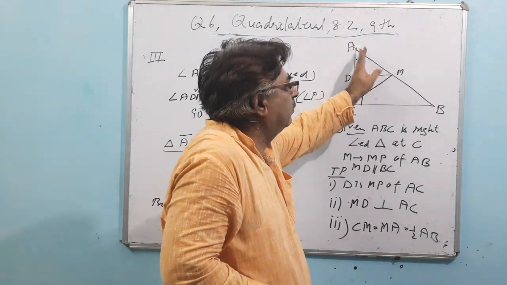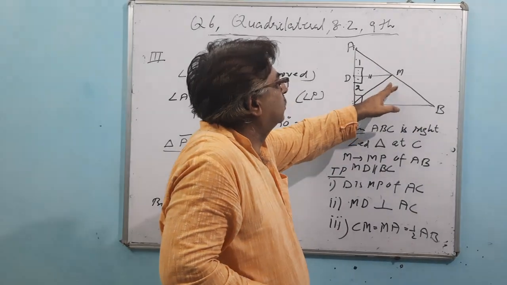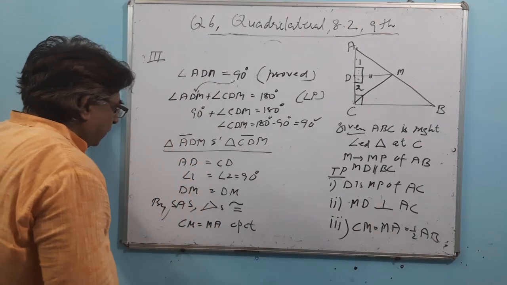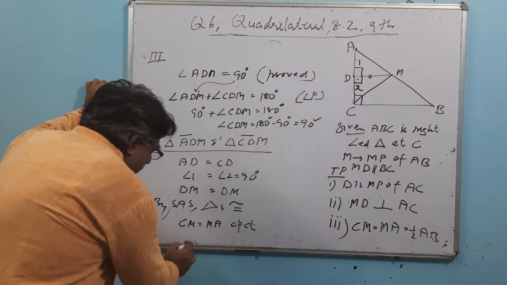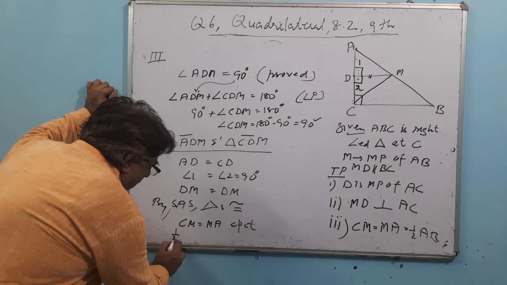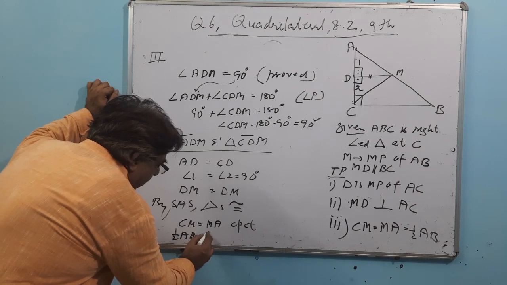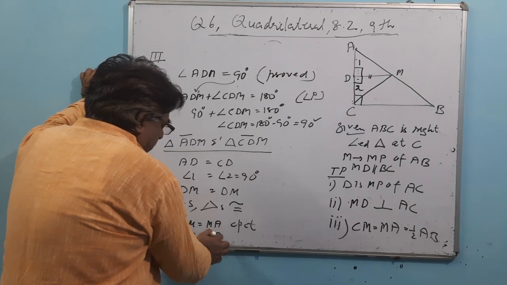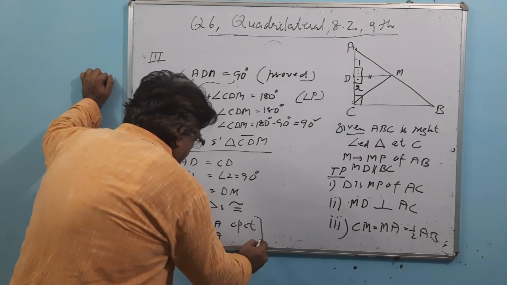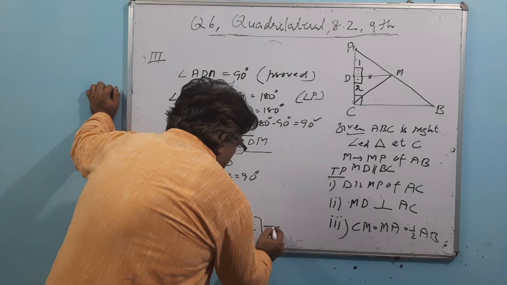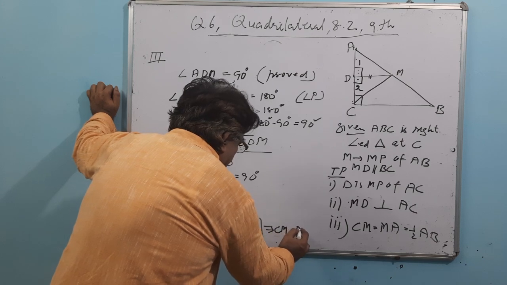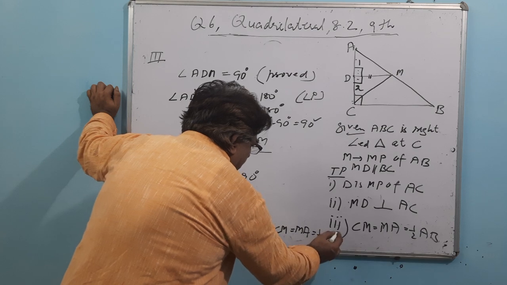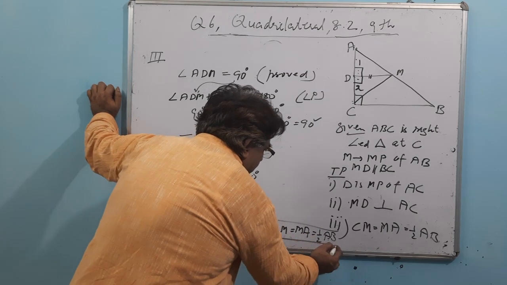So MA is equal to half of AB. Combining these both, we can write CM equal to MA equal to half of AB. This is our third part.